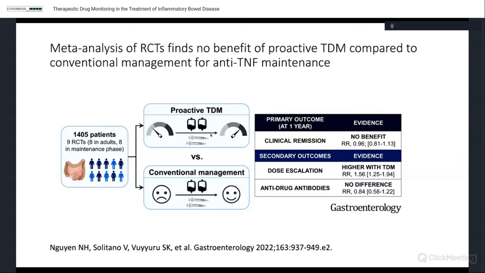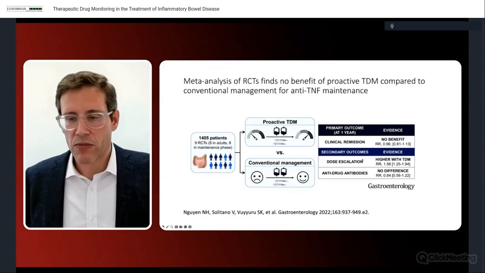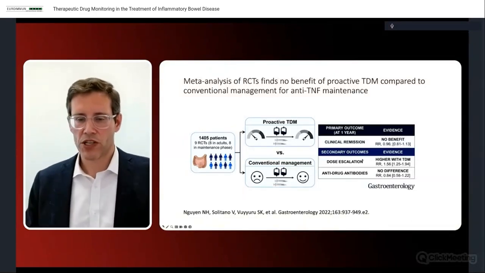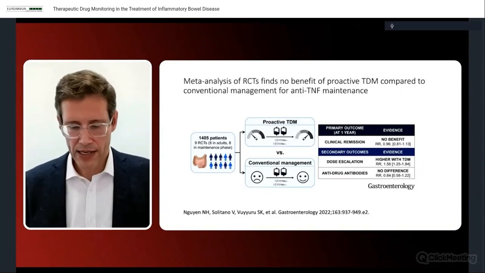And they compared proactive TDM to conventional management. And using this meta-analysis of randomized controlled trials, the end result favored no benefit of proactive TDM over conventional management. And secondary outcomes showed a higher rate of dose escalation with proactive TDM, which is not surprising, and no difference in the rate of anti-drug antibodies.